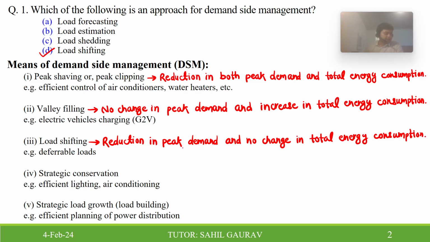And in this load shifting case there is also an increase in the load factor, because average demand is going to increase and peak demand is going to reduce. So in this case, increase in load factor. We know that load factor is average demand divided by peak demand. That is a very important expression.